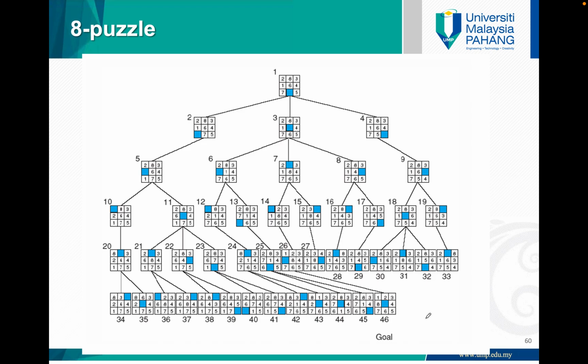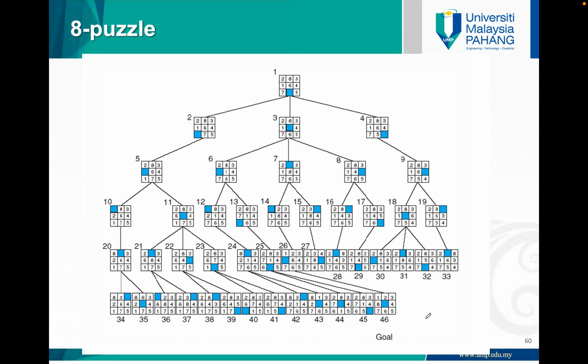So now you have this tree, and you are given these paths, and you are going to find which one has the shortest cost. Uniform cost search means you want to find the path cost of node n, so you go to the end of each node and calculate the total for each node.